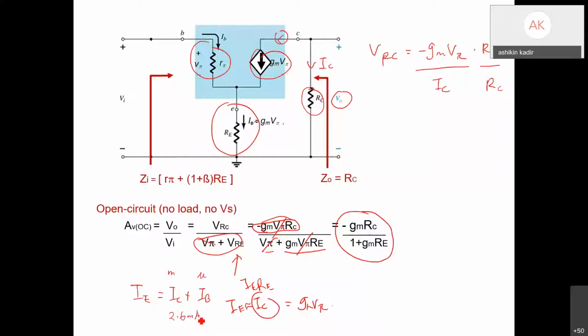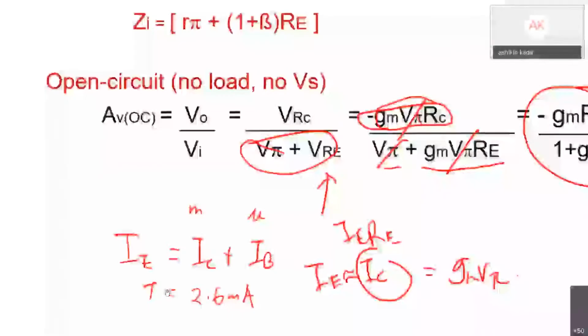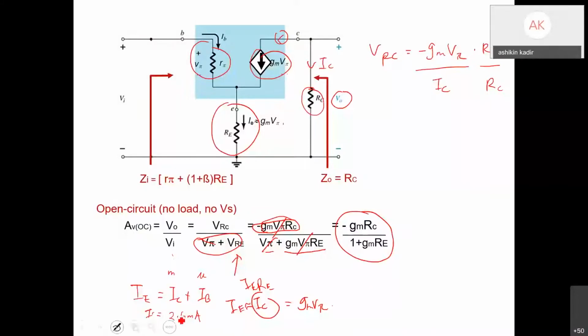For example, if you do a lot of exercise from the previous class, you can find that the difference between IE and IC may be around 0.3 milli. So if your IC is around 2.6, your IE may be around 2.9 milli.